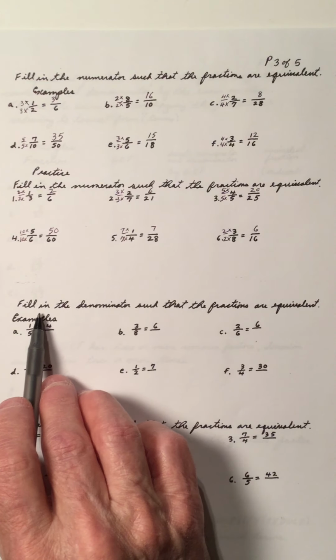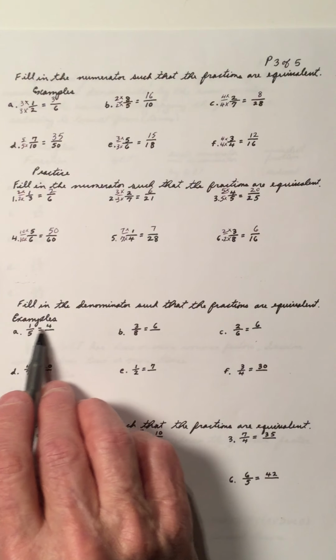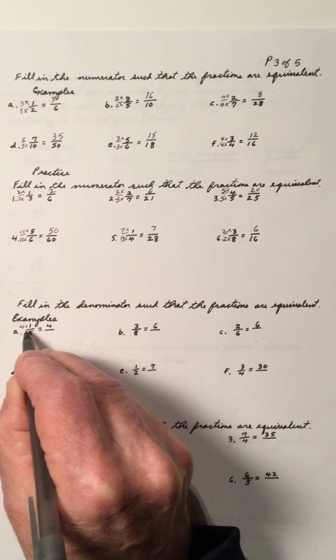Now let's reverse it. Fill in the denominators such that the fractions are equivalent. So now I have it reversed. So we multiply the top by 4, we'll get 4.